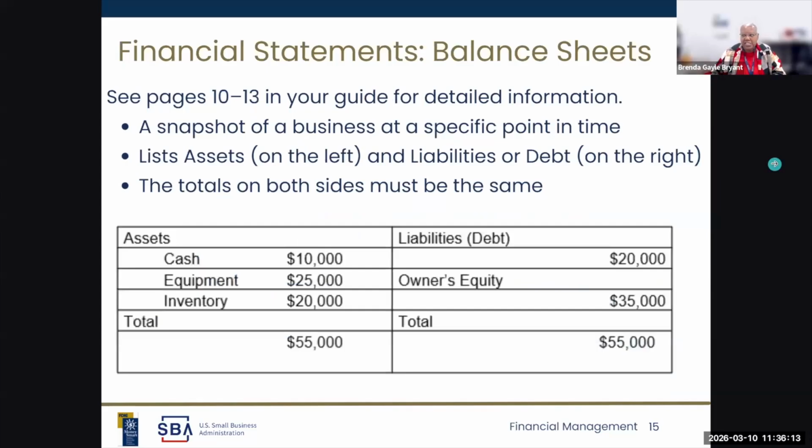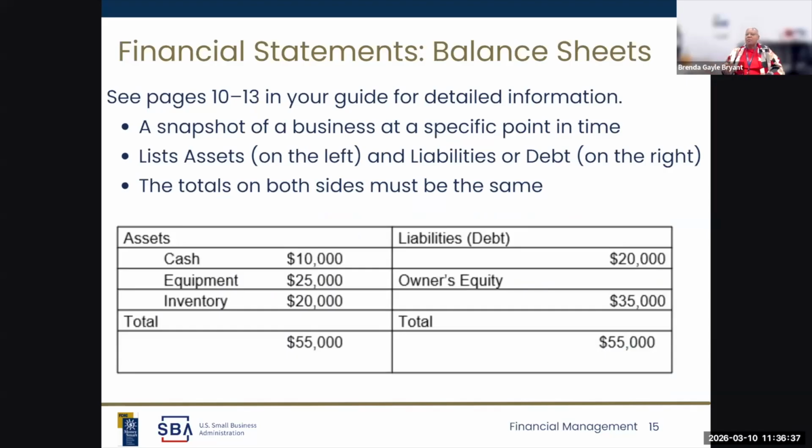So, a financial statement, when we're looking at a balance sheet, what does a balance sheet do? If you go to page 10 in your book, and look at pages 10, 11, and 12, it's going to show you what a balance sheet looks like.